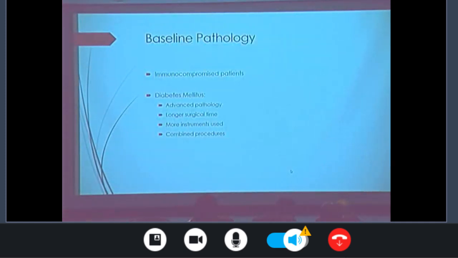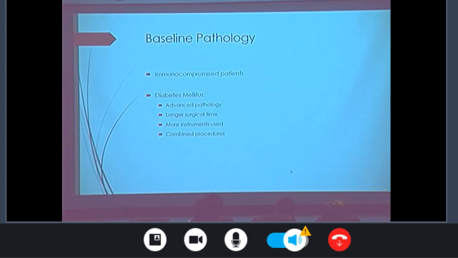We also have to take into account that, as in any surgical procedure, an immunocompromised patient has a higher risk of developing postoperative infection. And maybe 90% of the patients that we're operating on are diabetic patients for different types of diabetic eye disease. And this in itself makes them immunocompromised.